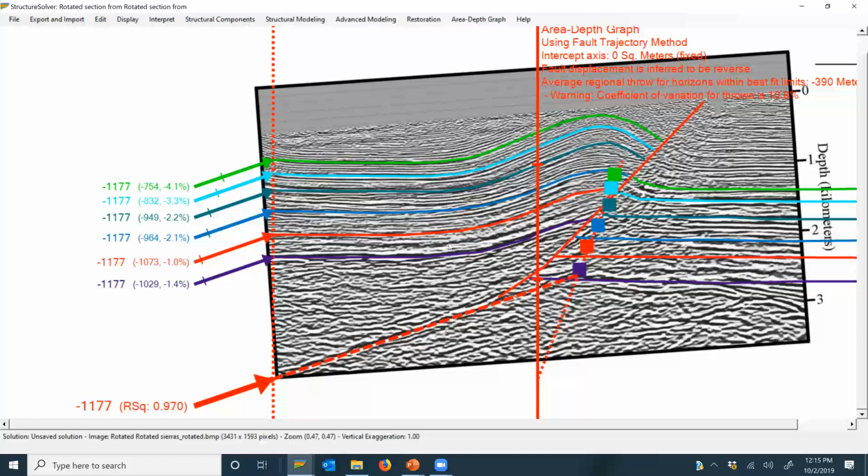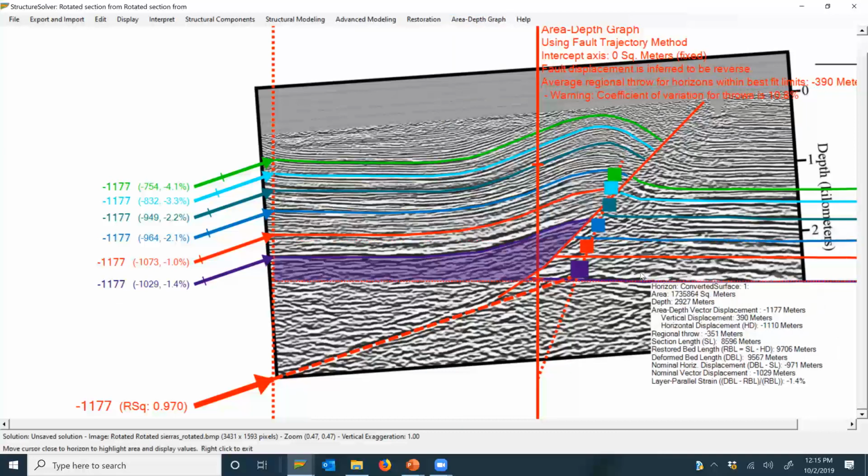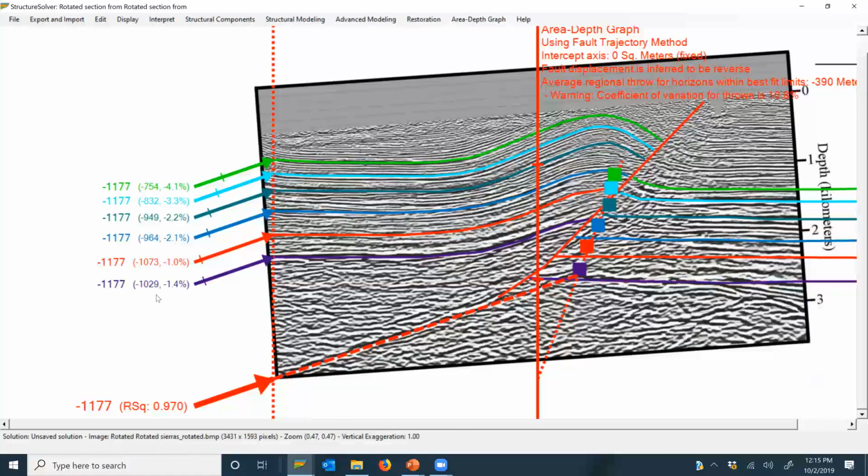And so that requires that the bed length be maintained during deformation. So here we're just using those fold areas to estimate the amount of displacement. So it doesn't require the bed length to be constant.